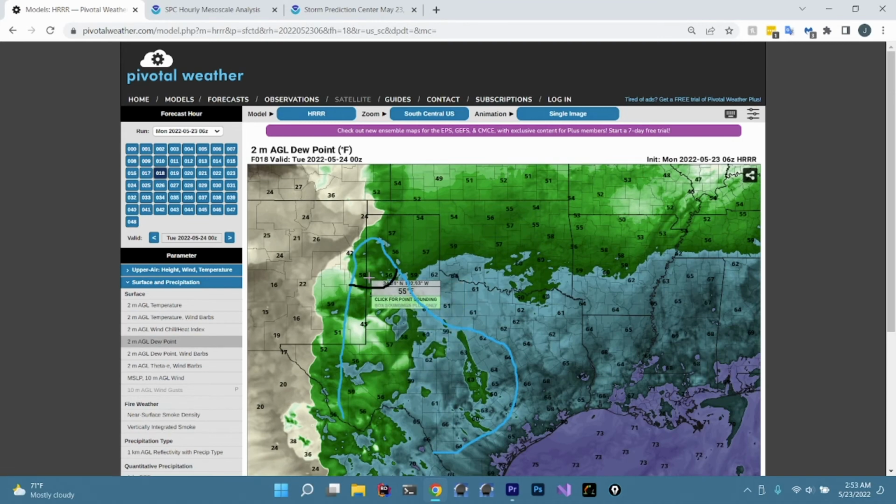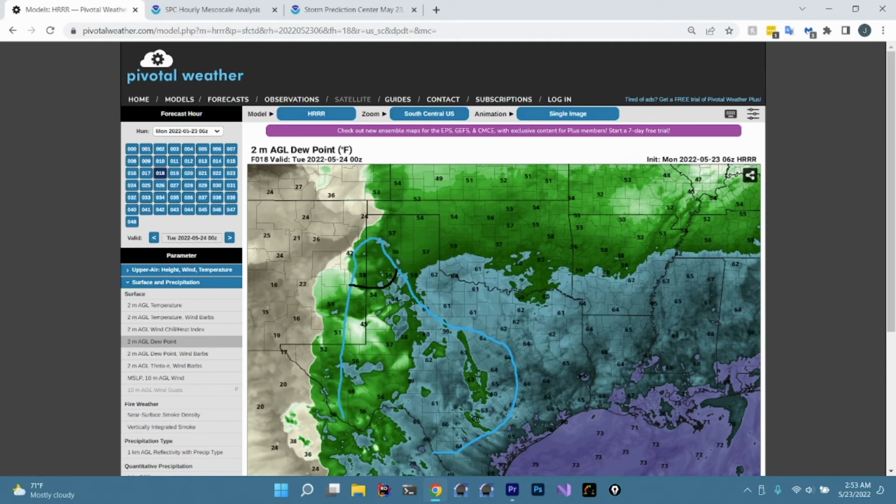Let's take a look at the dew points. They're in the upper 50s here, whereas over here they're in the mid to lower 50s. So this, I think, would be enough, especially with this being so close, these 60s dew points here. I think there could be a chance of seeing a tornado over here if we get storms in this vicinity.